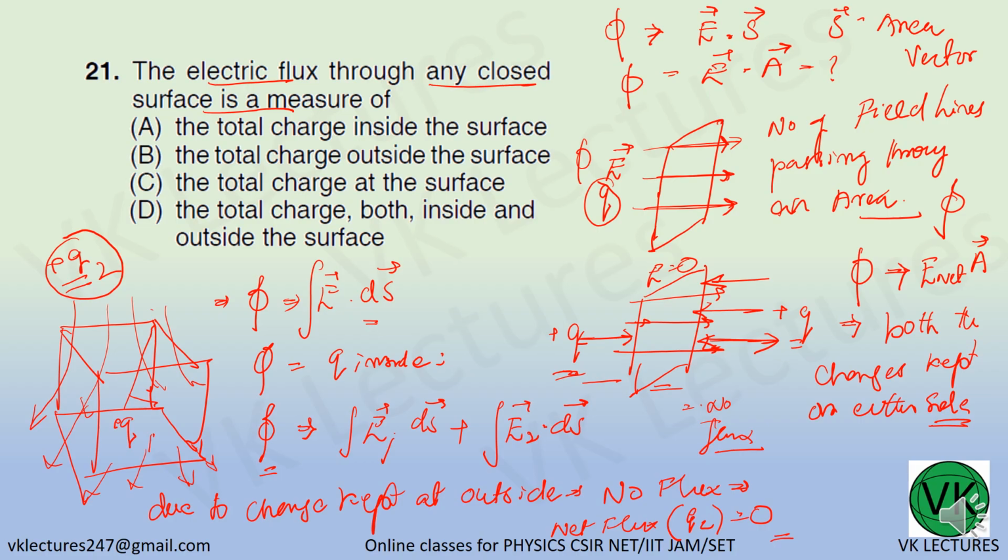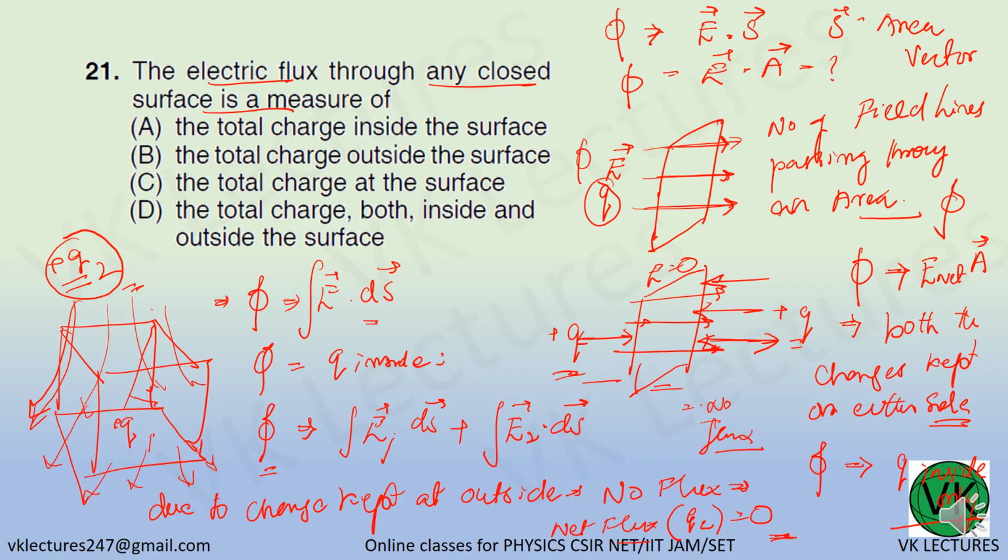Therefore our phi is due to q inside only. Generally we have to take total charge both inside and outside, but here for the outside charge, whatever the electric field produced, the electric field lines of force will pass through it, such that the net flux due to outside charge is 0.